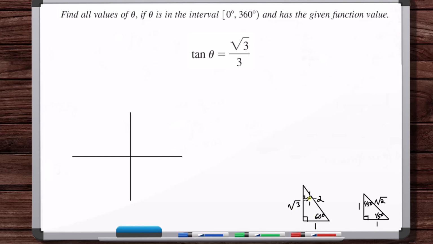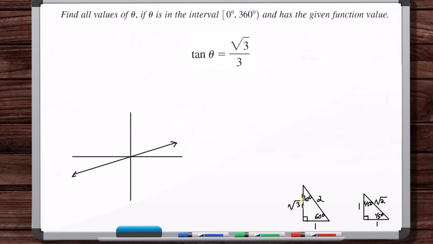Okay, so tangent is opposite over adjacent, so the reference angle is going to be 30. With the reference angle 30, we could draw just one whole line. I'm putting these arrows here because remember, you pick any point you want on these lines. It doesn't matter.